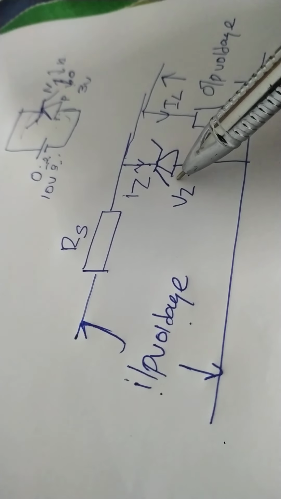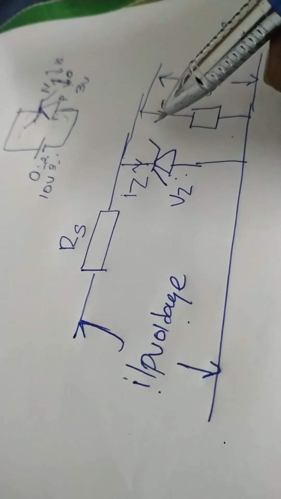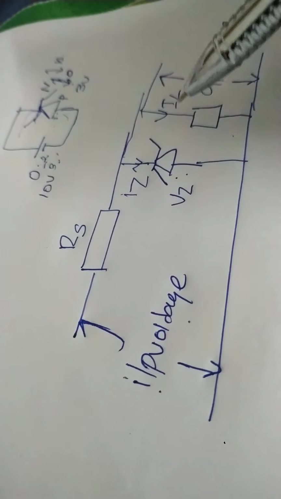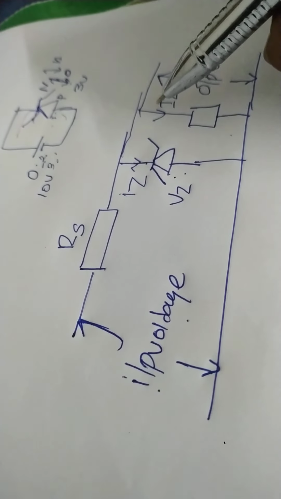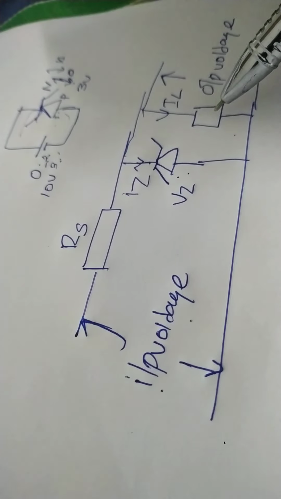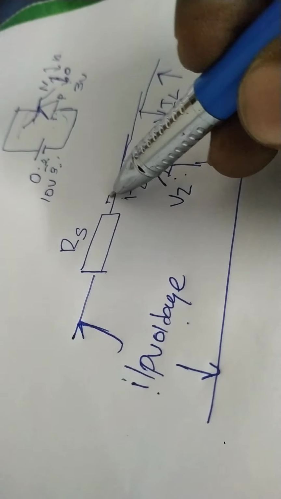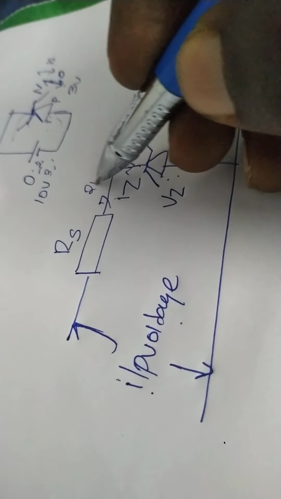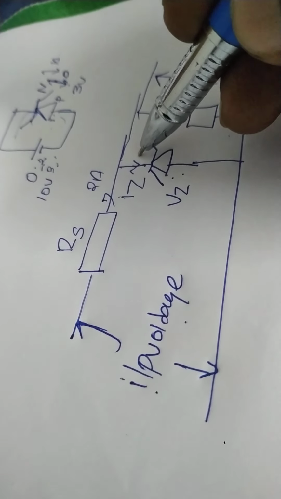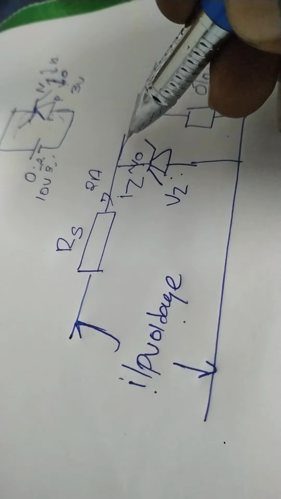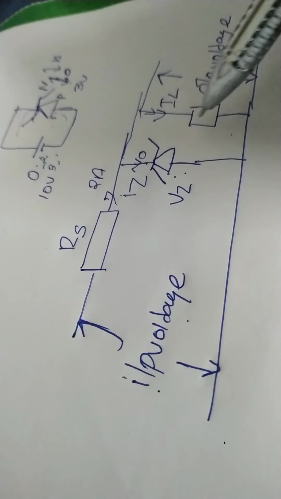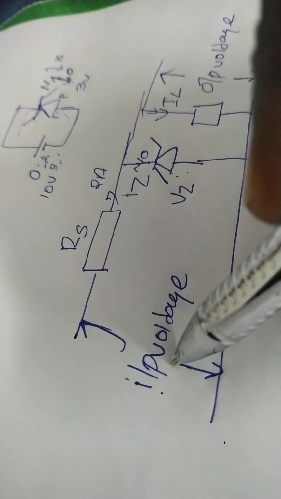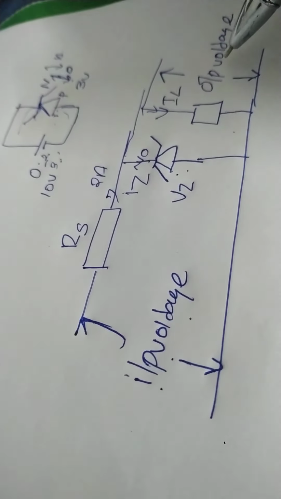The voltage developed across is 3 volt, and the remaining current flows through the load resistance. That is, when a 2 ampere current flows here, then here 0 ampere flows. Remaining 2 ampere flows through this load resistance. That is, 2 volts is applied, we can take 2 volts.